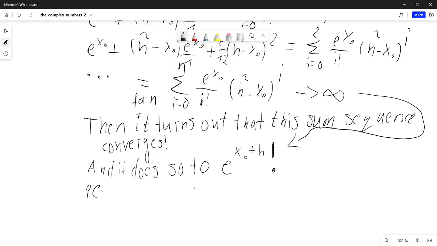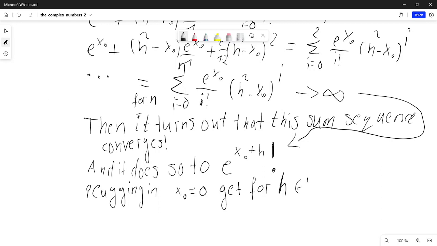Plug in here, and here, get h. And this is not for small h anymore, because our approximation becomes that good that it approximates everywhere.